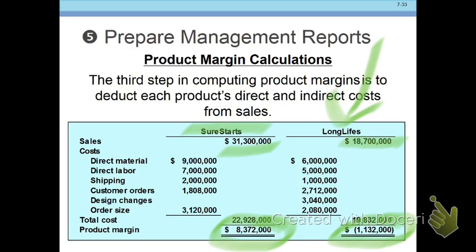And you know what? Sure Starts, on the other hand, we're going to continue to produce those, and in fact, if a competitor comes in and starts to offer them at a cheaper price, we may have to be prepared to lower our price because it is a very profitable product. Okay, so a lot of times companies will use this activity-based costing as their competitive advantage.